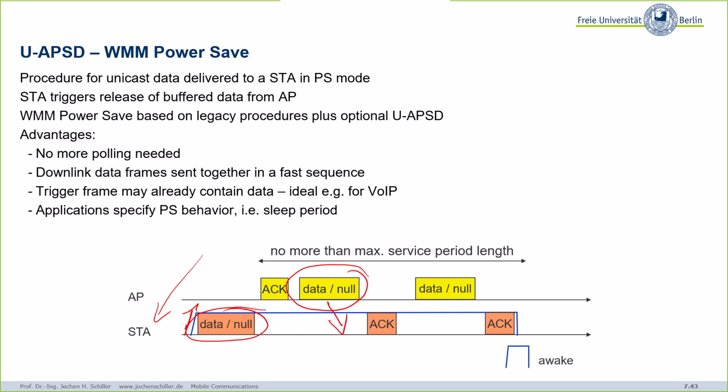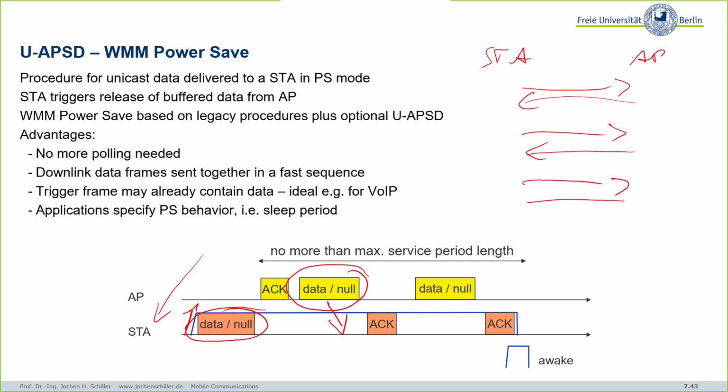And this is ideal for voice over IP, where each 10 milliseconds you send data packets from the station to the access point. And if you send something, okay, there might be also data in the reverse direction. So that's ideal for this voice over IP setting, where both sides send or exchange voice data.